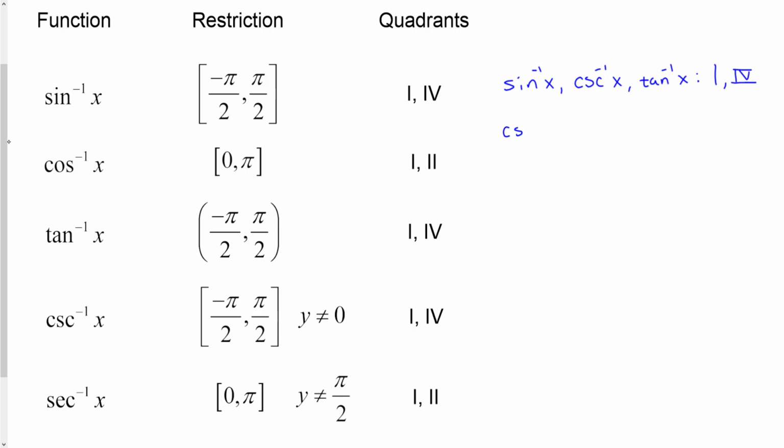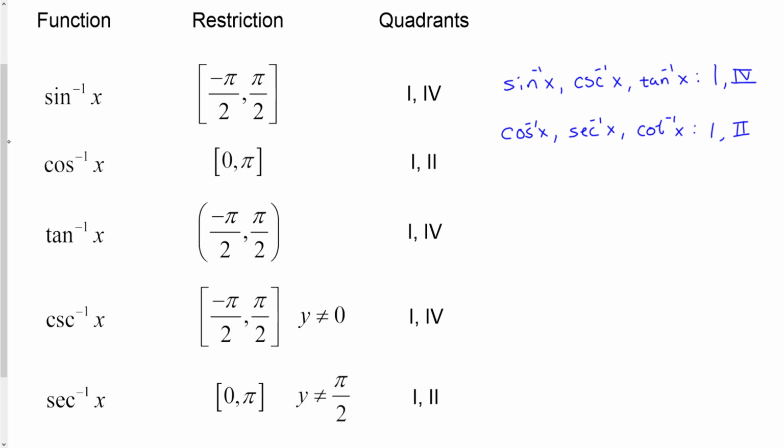And then you have cosine, secant, and cotangent, all grouped together to give you answers in either quadrants 1 or 2.